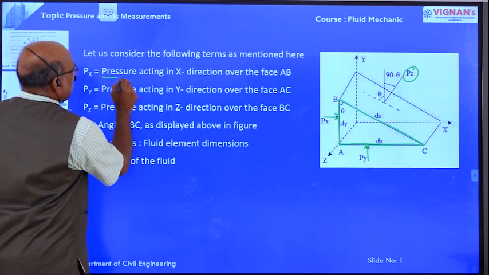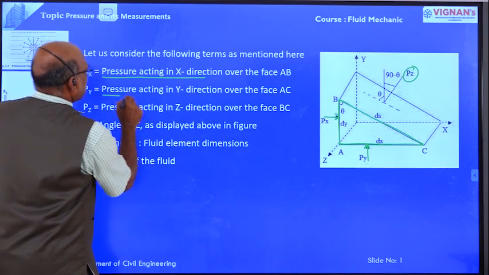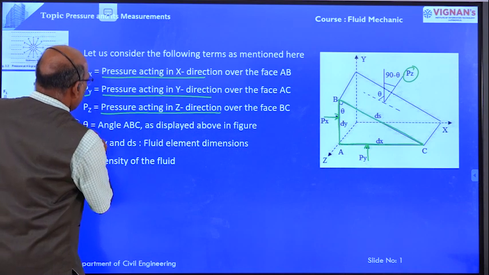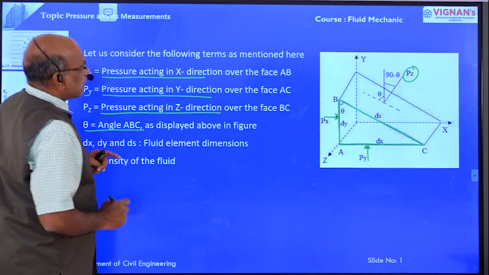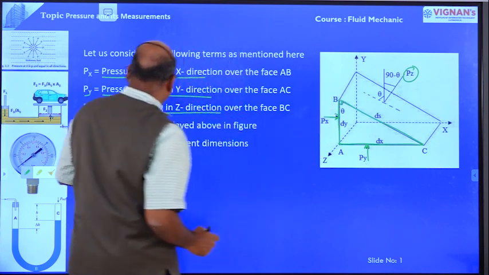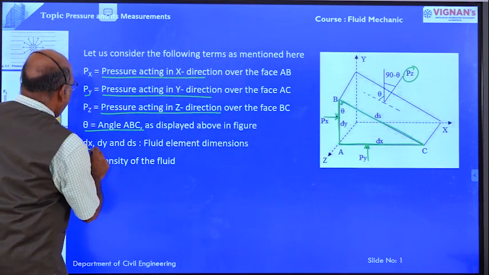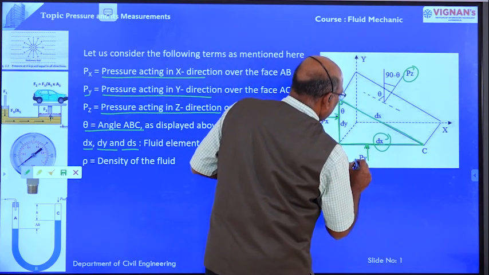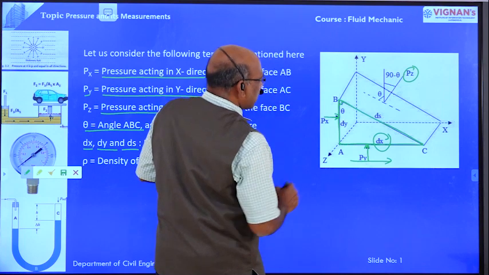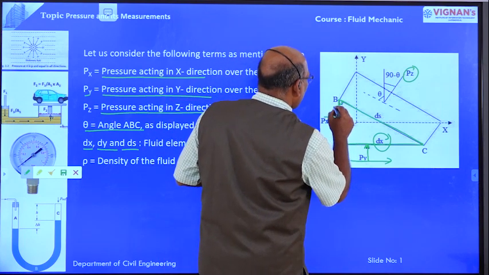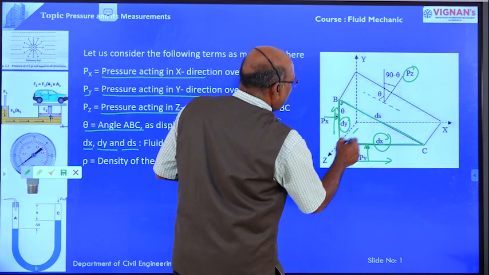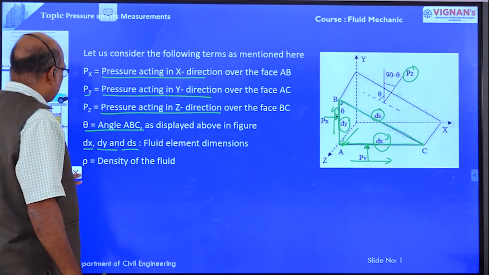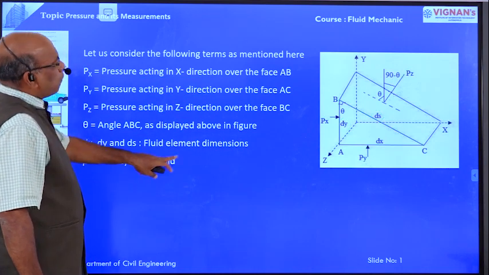Theta is the angle ABC, and dx, dy, ds: dx is the length of the fluid element in the x direction, dy is the length in y direction, ds is the length in z direction. Rho is the density of the fluid.